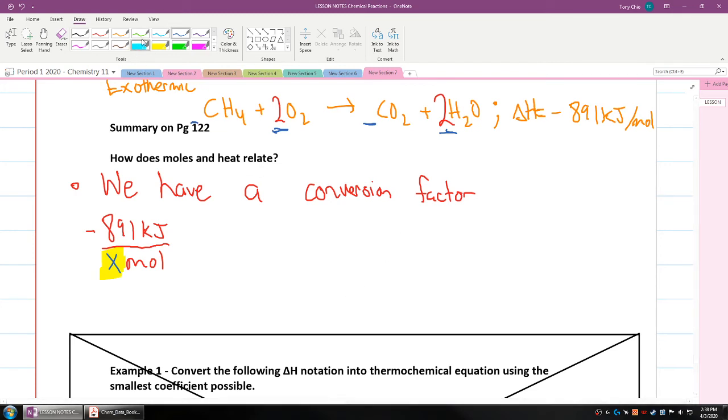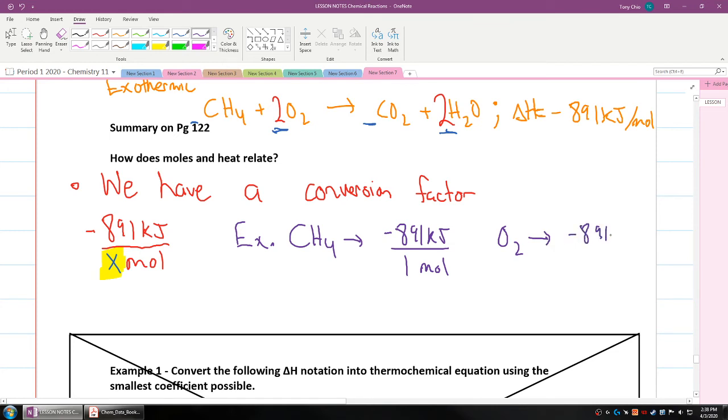So if we're talking about methane, then this would be negative 891 kilojoules per 1 mole. But if you're talking about oxygen gas, on the other hand, it will be negative 891 kilojoules per 2 moles, because the coefficient in front of the oxygen gas is a 2. So we've got to make sure that is the case when we're dealing with this situation.